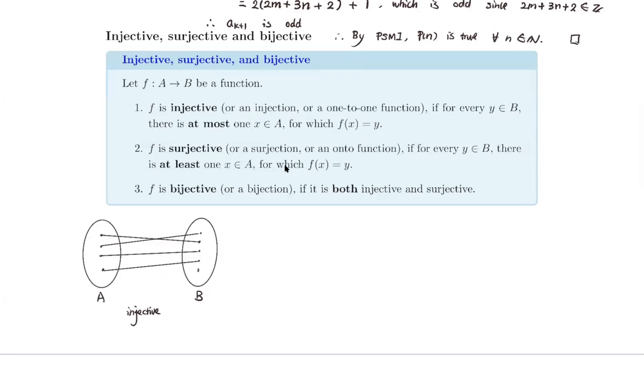Let's draw another one for surjectivity. So for surjectivity, you still have the same thing. Let's say we have A and B, and let's put some elements in there.